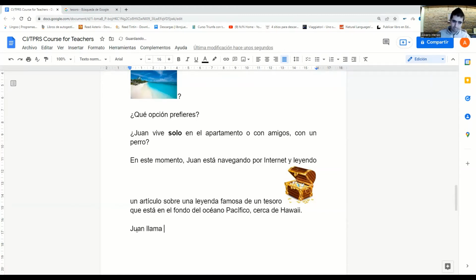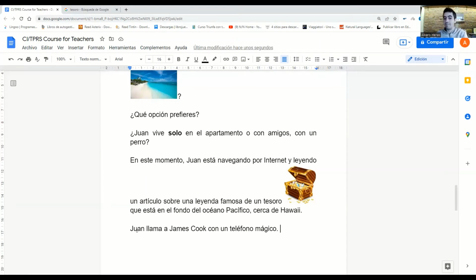Juan llama por teléfono, ¿sí? Okay. Llama a James Cook, yeah, el famoso explorador. All right. Con un teléfono mágico. Y un teléfono mágico, porque llama a James Cook al pasado, ¿sí? Ah, okay, el pasado, okay.